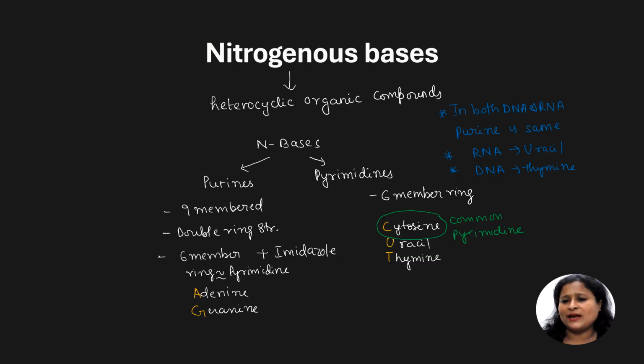RNA has uracil while DNA has thymine in their structure, right? I hope this is the basics about nitrogenous bases. After this, we will be looking a little more into their structure, how to name the nitrogenous bases, and so on. Okay. Let's see the next slide.